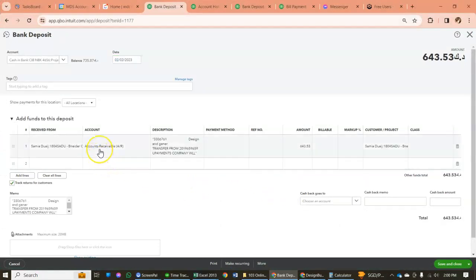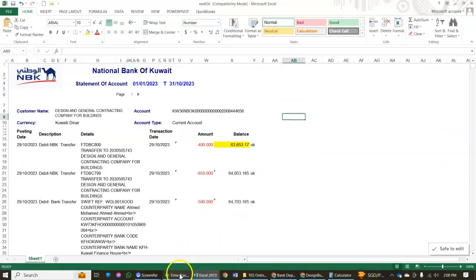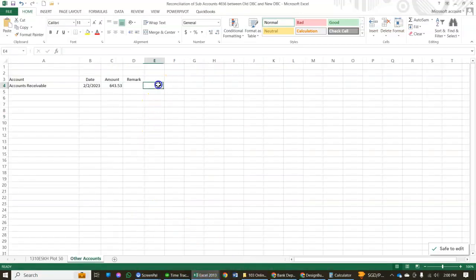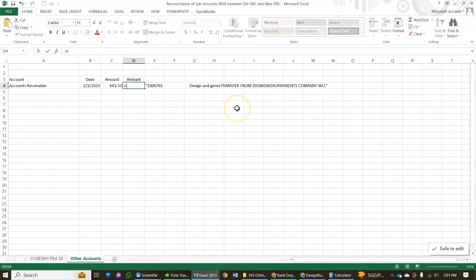Okay, so this is newly added, just put this one in. In addition, put a remark as unrecorded deposits.